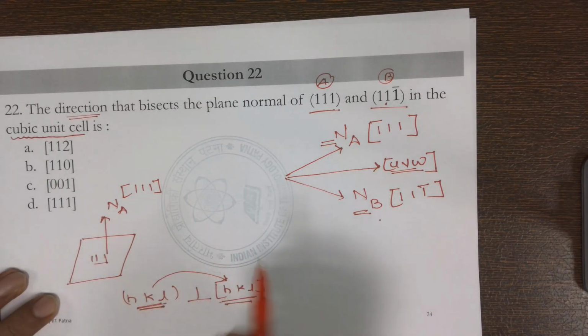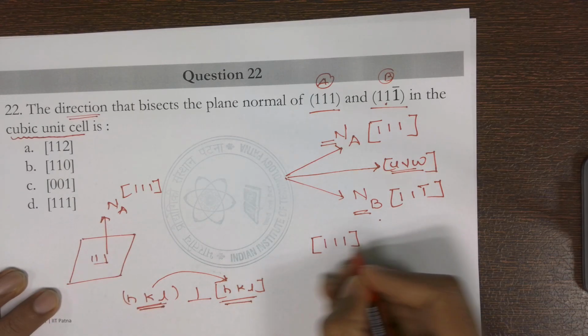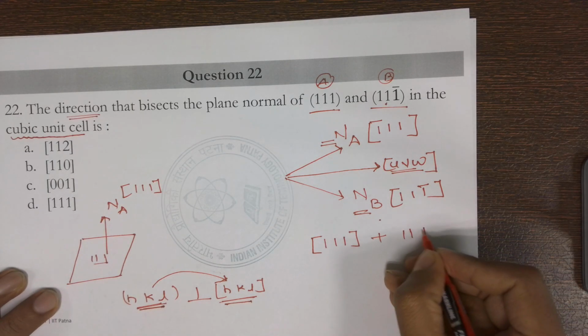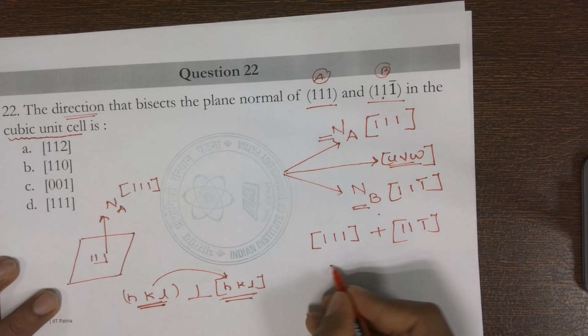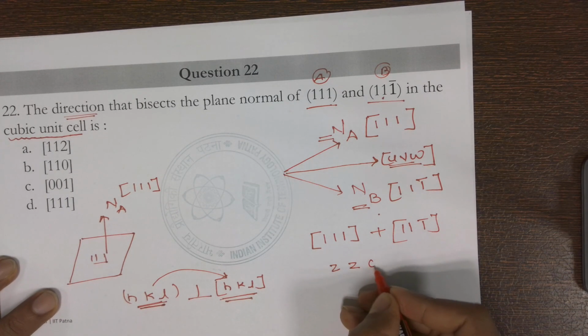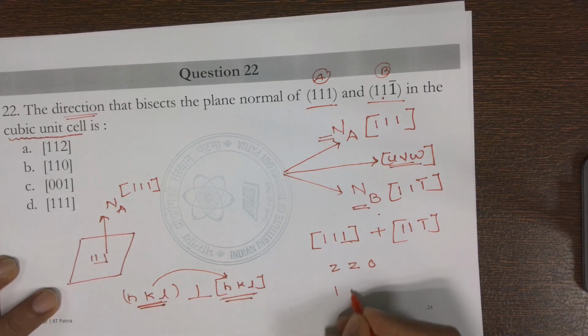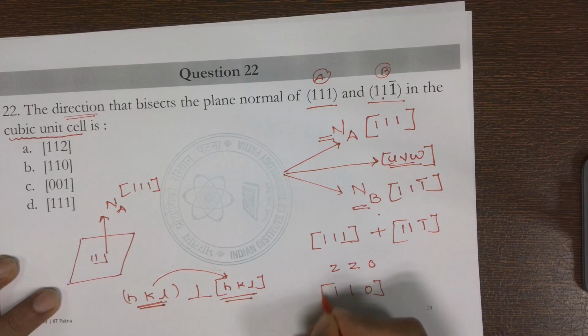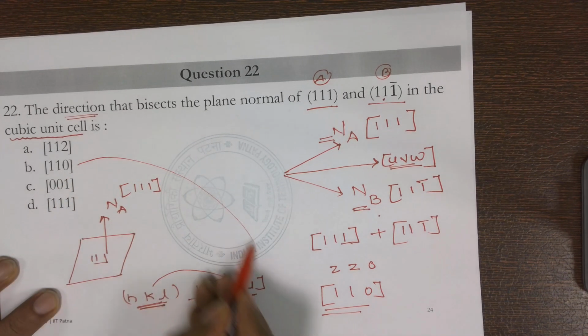So we can add them: 1, 1, 1 plus 1, 1, 1 bar. What we'll get is 2, 2, 0. They cancel out with each other, and now we can reduce them to the smallest possible integers. So here we got the right answer to be B.